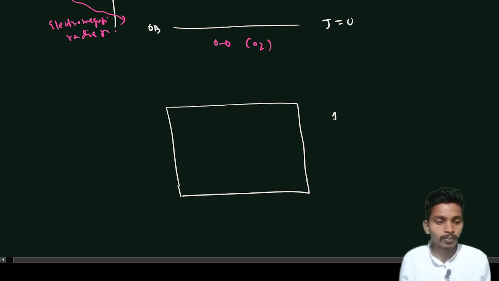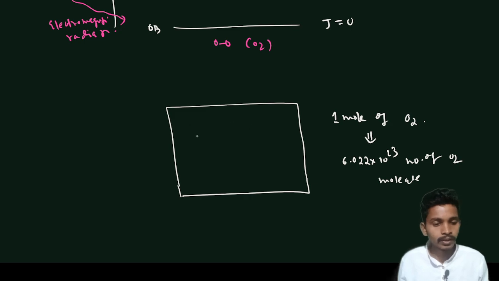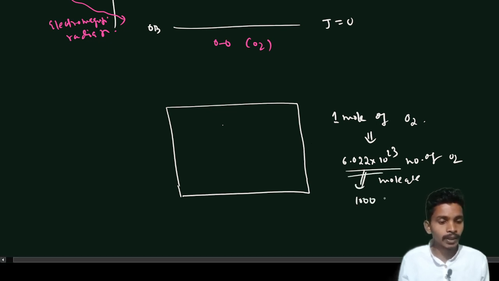So 1 mole of O2 means 6.022 times 10 to the power 23 O2 molecules are present. To simplify, let me take 1000 O2 particles instead of 6.022 times 10 to the power 23.